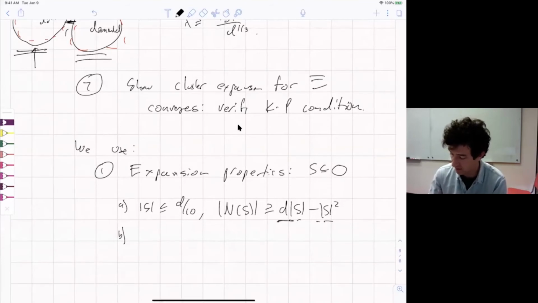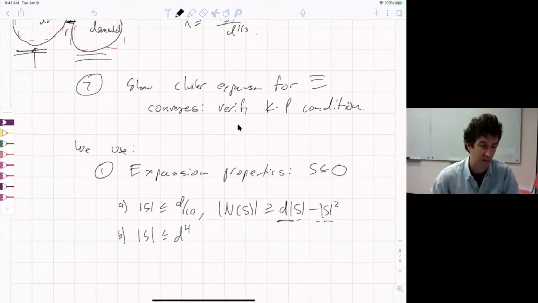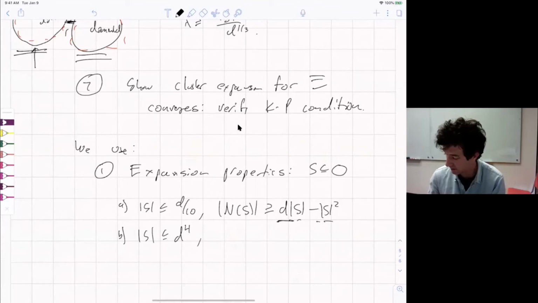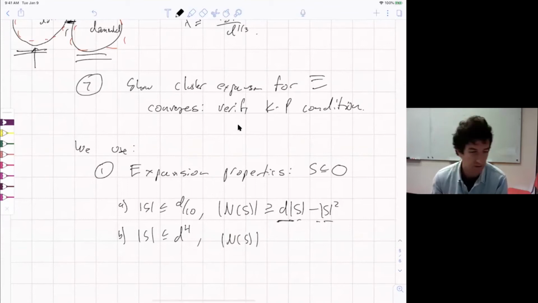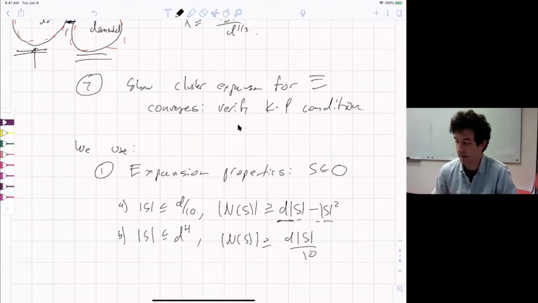If you're still pretty small, so polynomial in d or polylogarithmic in the size of the graph, you still get some nice expansion. So the size of the neighborhood is at least d times the size of S over 10. Okay, so it's not d times the size of S, but it's a constant times d.